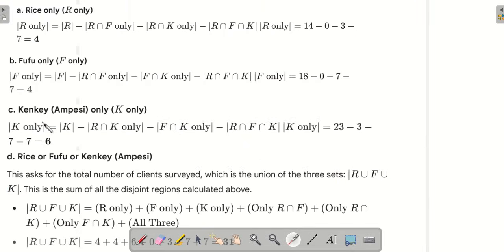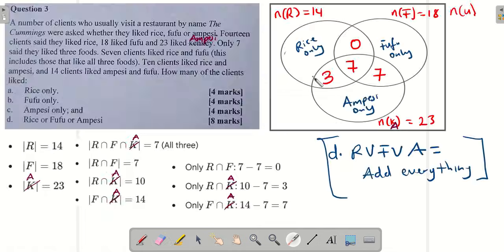Alright, then the last one was to find rice or fufu or ampesi. That is what I said. You add all the 7 regions. Remember that the last part there was nothing there. So you add all the 7 regions to get that.